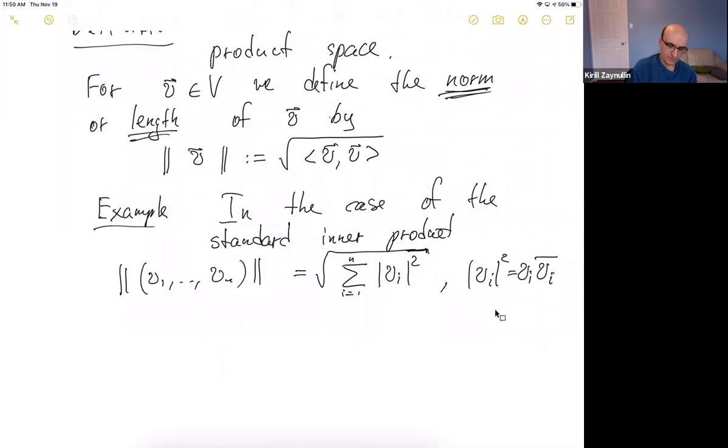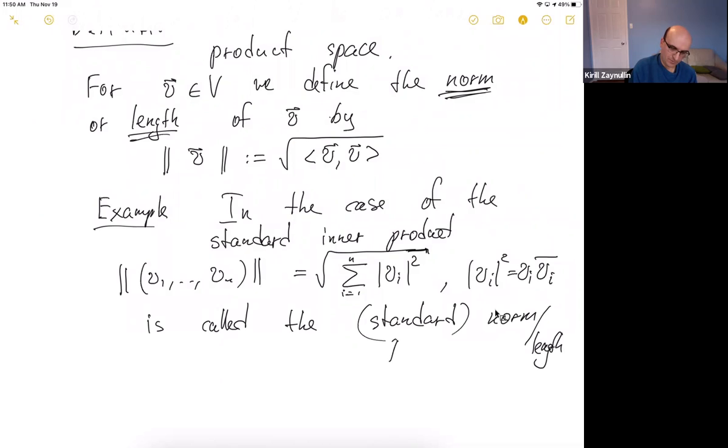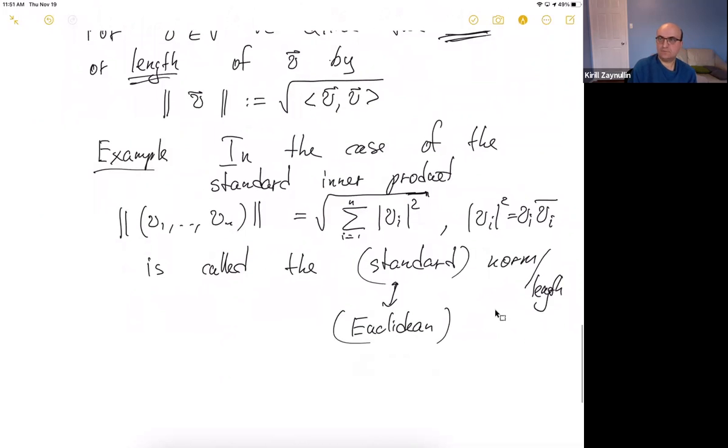Since this is an example of the length for the standard inner product, it has a name: this length is called the standard norm, or length. Sometimes the word standard is replaced by the word Euclidean. So it's either called a standard norm or Euclidean norm.